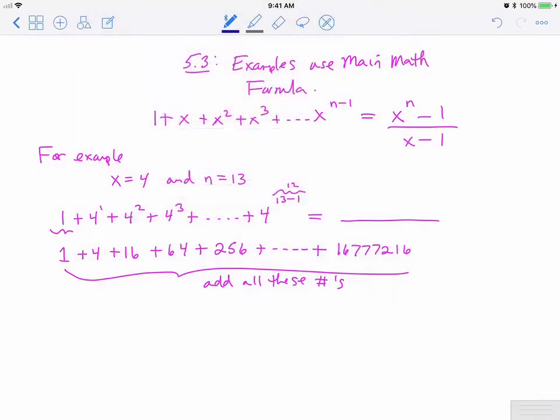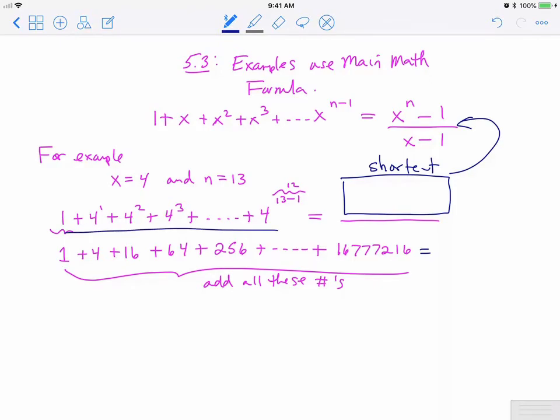But the idea here is that there is a shortcut, and the shortcut is to use this formula. So what all these numbers add up to is going to be equal to 4 to the n, and n was equal to 13, minus 1 divided by 4 minus 1, which is 4 to the 13th power minus 1 divided by 3.